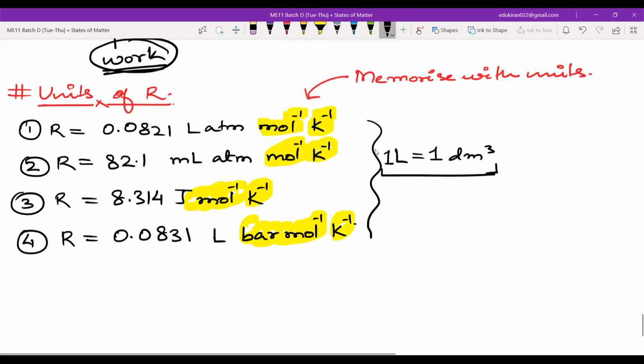You have to memorize with units of pressure and volume, which are changing: liter ATM and liter bar. Joules will be used only when some energy term is involved, mostly in thermodynamics. Because of this chapter, 0.0821 and 0.0831 will be mostly used.